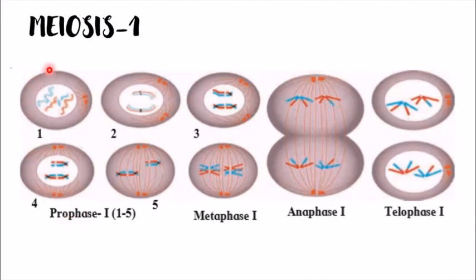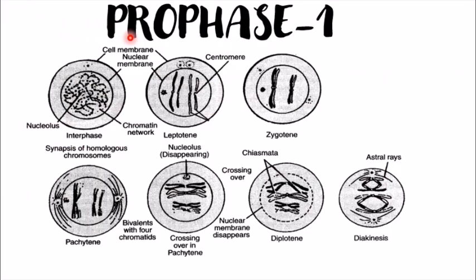These prophase phases play a very important part in the cell division. Most of the work is done in prophase 1. So let us first see what the phases in prophase 1 are. Prophase 1 has 5 phases or steps: leptotene, zygotene, pachytene, diplotene and diakinesis.